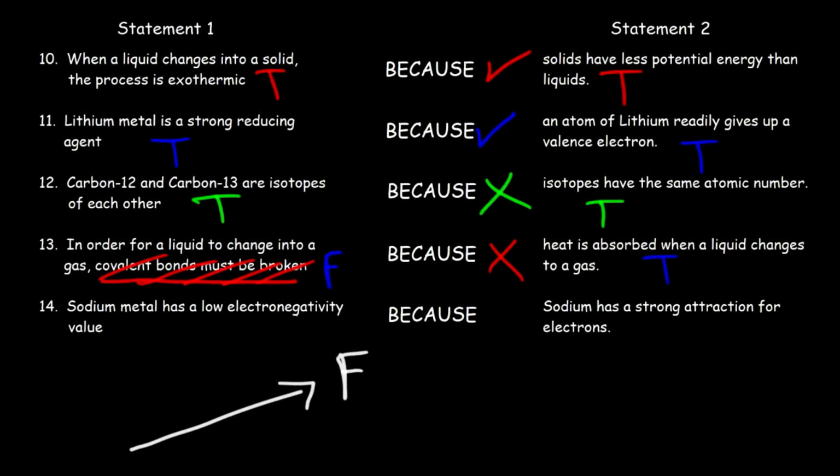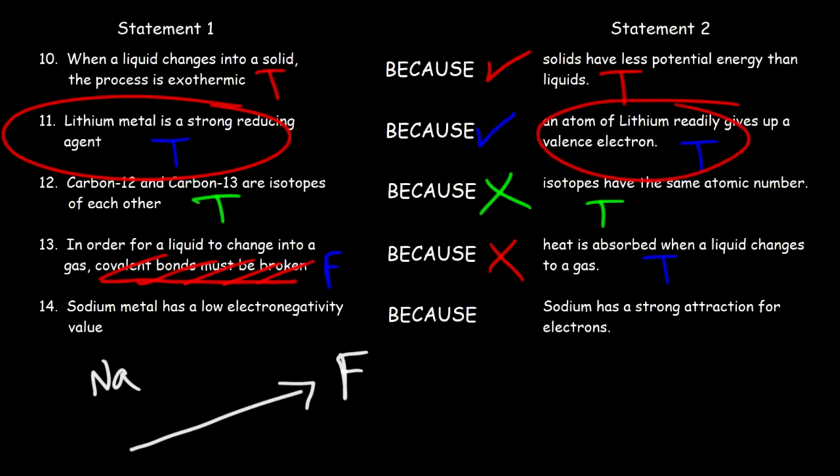What you need to know is that nonmetals like fluorine have high electronegativity values because they have a strong desire to attract electrons to themselves. Metals like sodium have a low electronegativity value because they don't want to take electrons, they want to give it away. Lithium and sodium, they're in the same category. They are strong reducing agents. They're alkaline metals. They like to give up electrons.